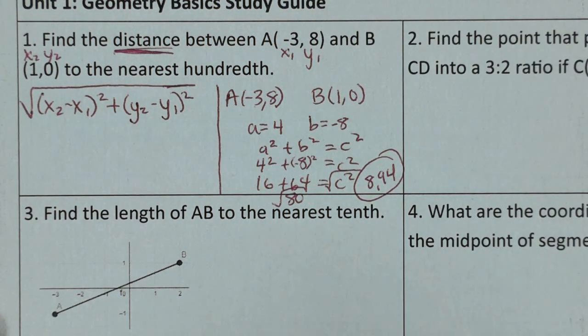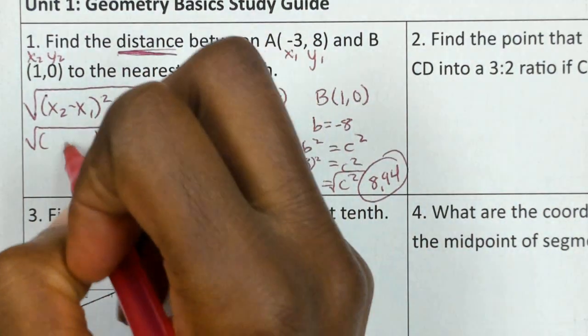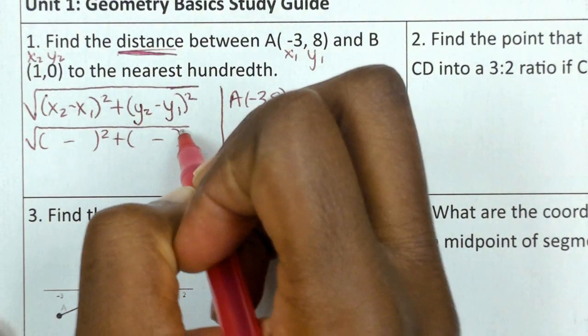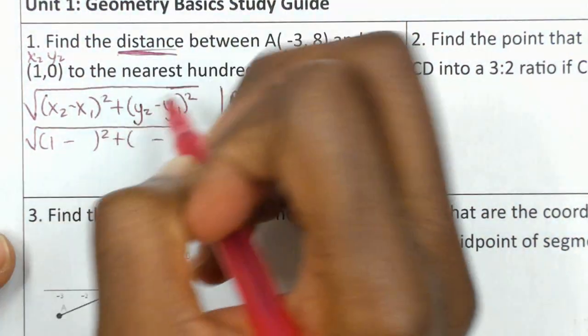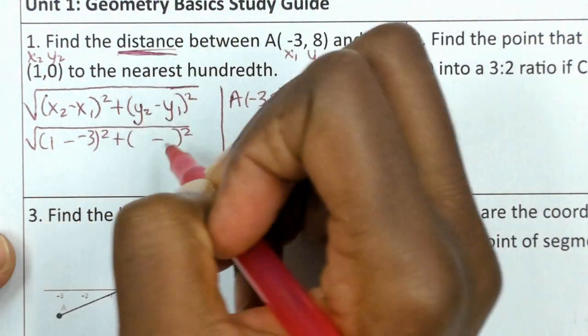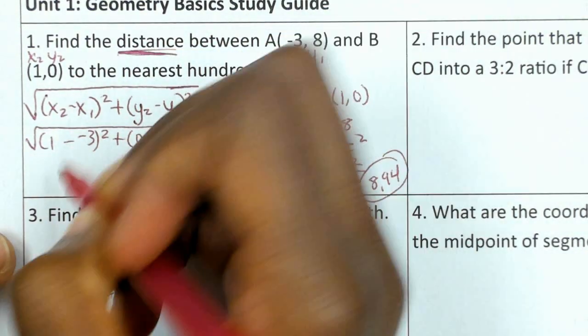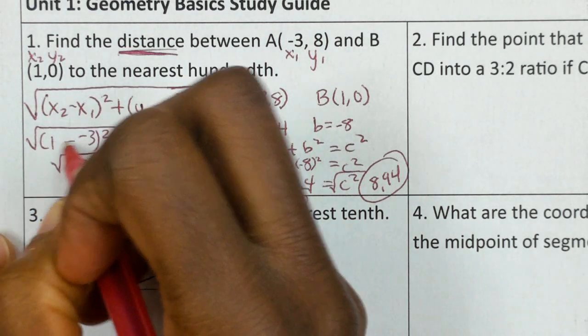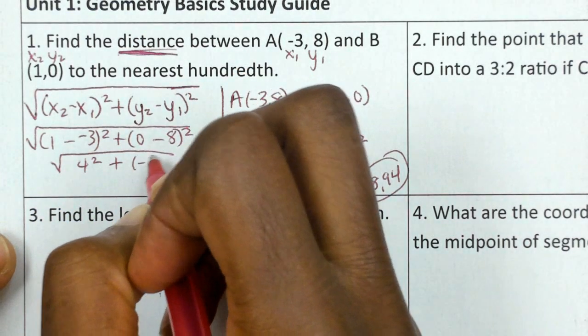Okay. If you did the distance formula way, you would plug in with your labels. x2 was 1, x1 was negative 3, y2 was 0, and y1 was 8. So you get 1 minus negative 3, which is 4 squared, and 0 minus 8, which is negative 8 squared.